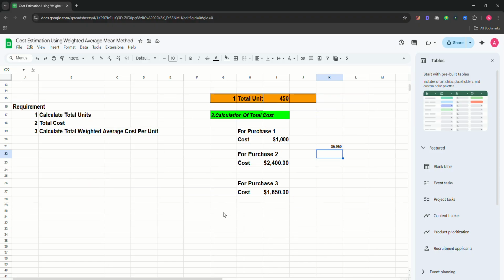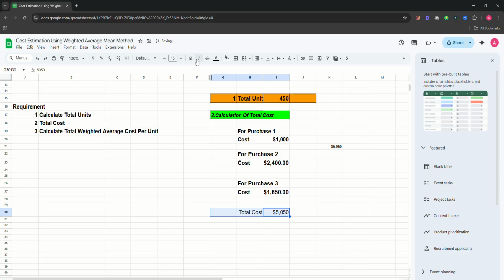So let's find it out. Let's write down the total cost, which is 5050. I'm enhancing the text size, then bolding it.